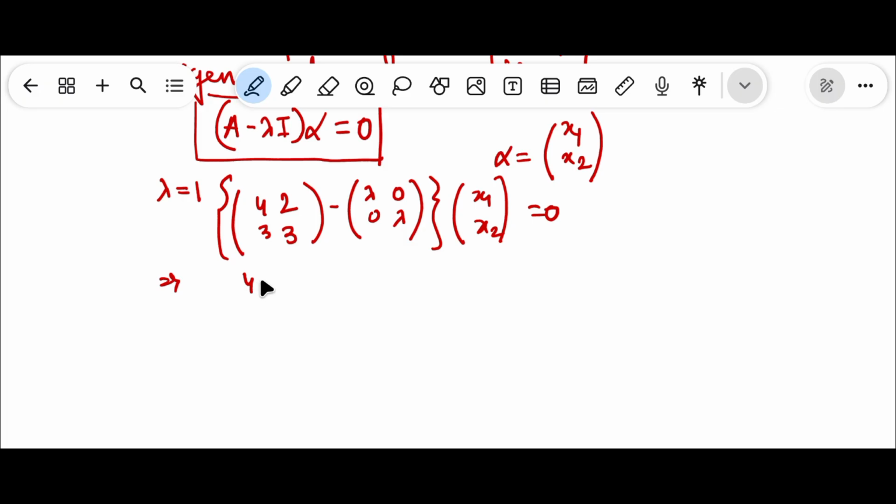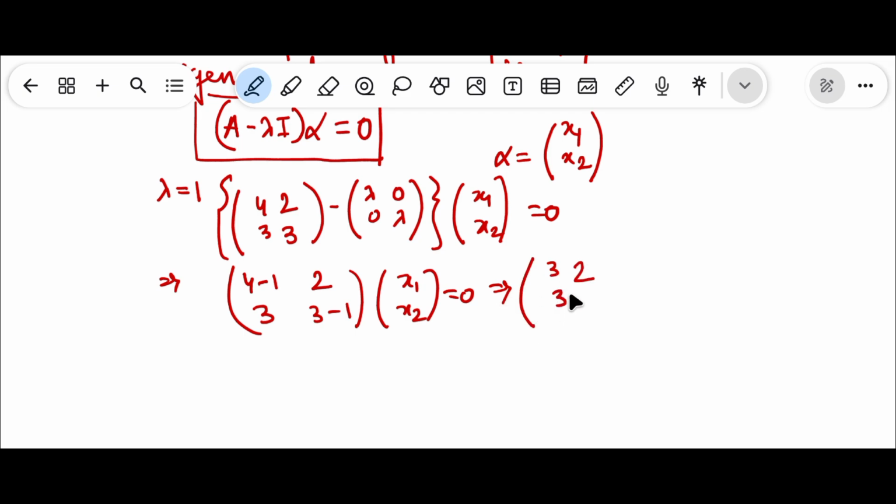If I put lambda equals 1, then that is 4 minus 1, 2, 3, 3 minus 1, that into x1 x2 equals 0, which is 3 2 3 2 into x1 x2 equals 0. Now see students, if I multiply, I will get two identical equations, 3x1 plus 2x2 equals 0. If I multiply the second row, then also we will get this equation only.